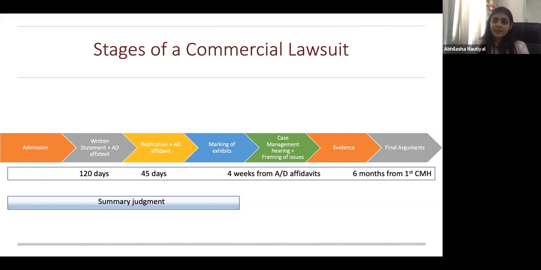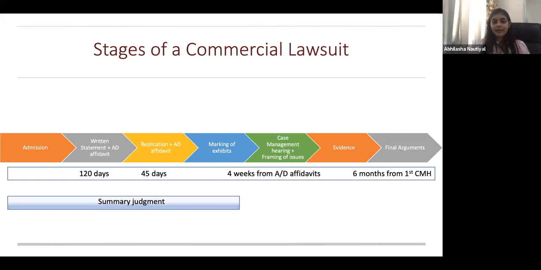The underlying message really is that commercial litigation must be fast. It should not be dragged on for years and years. And that is, I think, the message that courts are now trying to reinforce. Another tool for dispute resolution that has been introduced by the Commercial Courts Act is that of a summary judgment, which is a judgment pre-trial.